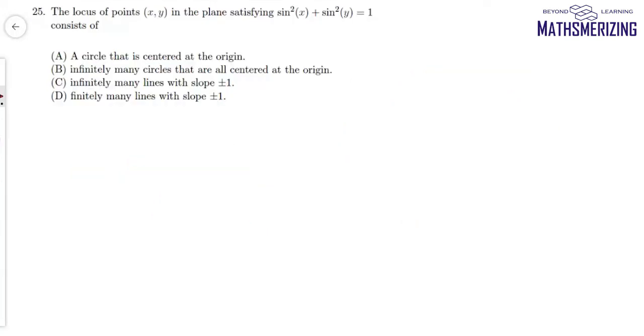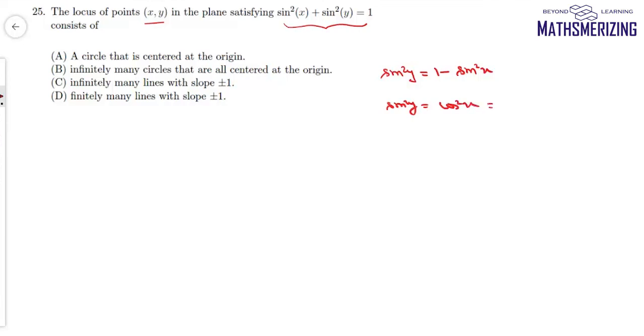Now question number 25 is, we need to find the locus of points x comma y so that sine square x plus sine square y is equal to 1. So I can write it as sine square y equals 1 minus sine square x, and which is sine square y equals cos square x.